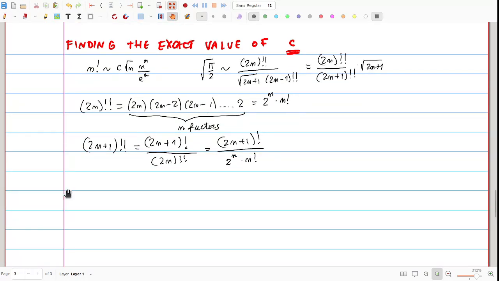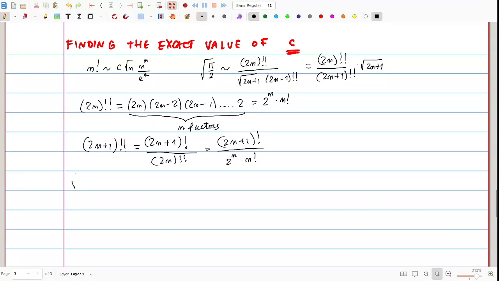So we have that the square root of pi over 2 is the limit of what? We have the square root of 2n plus 1, and then we have 2 to the power n, n factorial. Above and below we have 2n plus 1 factorial divided by, again, this term here, which is hence squared.